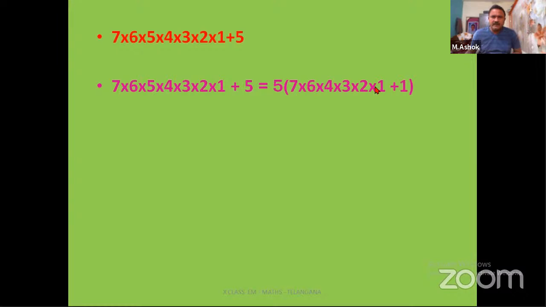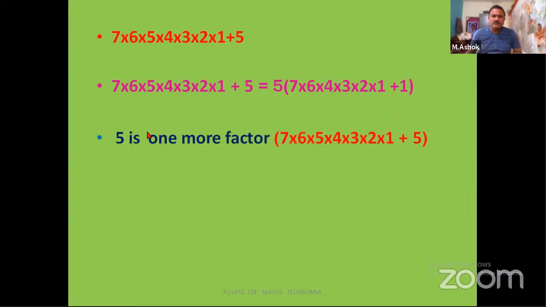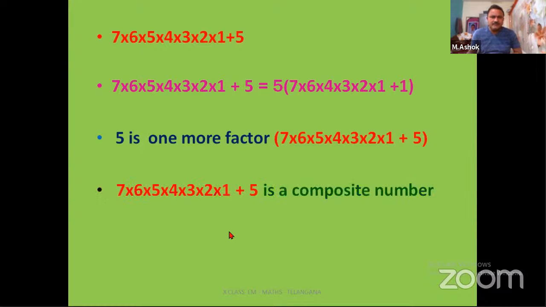Instead of multiplying and adding, this is left out. We know this number has 1 and itself as 2 factors, and we are showing 5 is one more factor. So this number contains more than 2 factors. That's why it is a composite number.